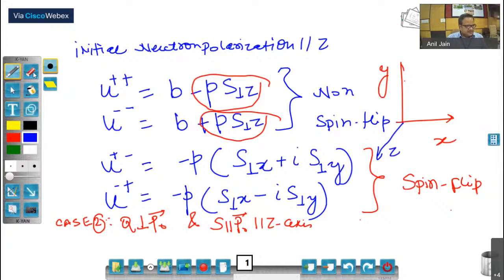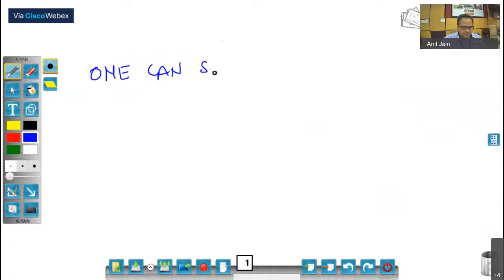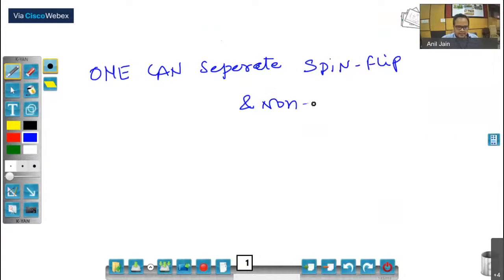So by using this polarized neutron beam, one can separate spin flip and non-spin flip processes.